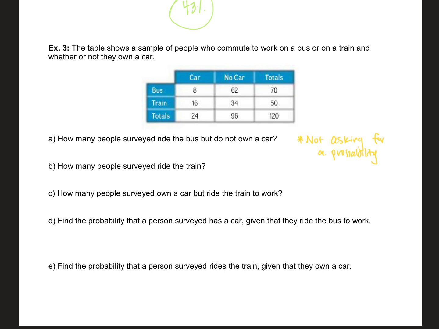So I'm looking for people who first ride the bus. So that means I'm looking at this row of people right here. Then specifically in that row, they ask us people that do not own a car. So the people that ride the bus with no car, 62.